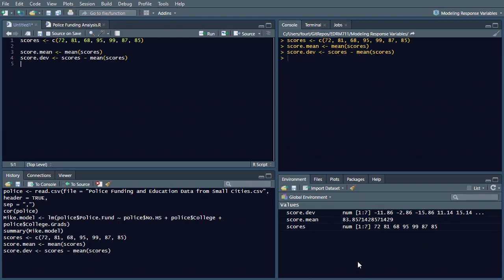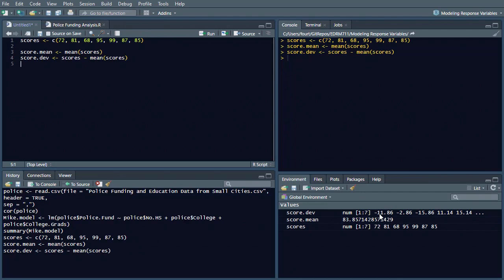The score of 72, which is the first score, is 11.86 below the mean. So that is its deviation score. The more deviation we have among the scores, the more variability we have.